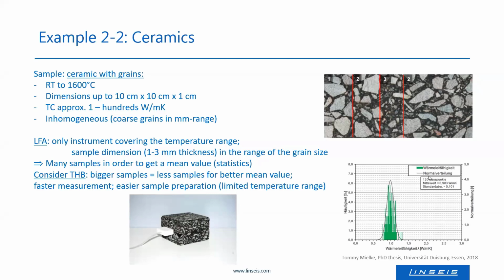In this case, 120 measurements were done with this transient hot bridge to get this distribution, and the mean value of thermal conductivity of these blocks is 1 watt per meter Kelvin. If you had to prepare 120 samples for a laser flash analyzer, this would take probably days and weeks of work. For a transient hot bridge, this would take perhaps a day or 2 days.